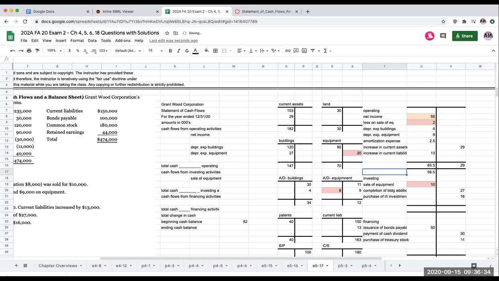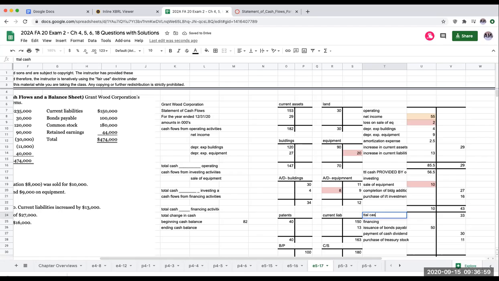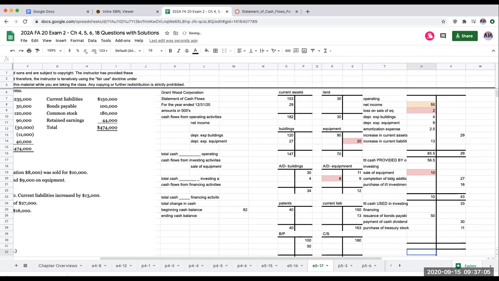So I have a total, so my total cash provided by operating activities is $56,500. For investing, this is total cash used in activities of 33,000.